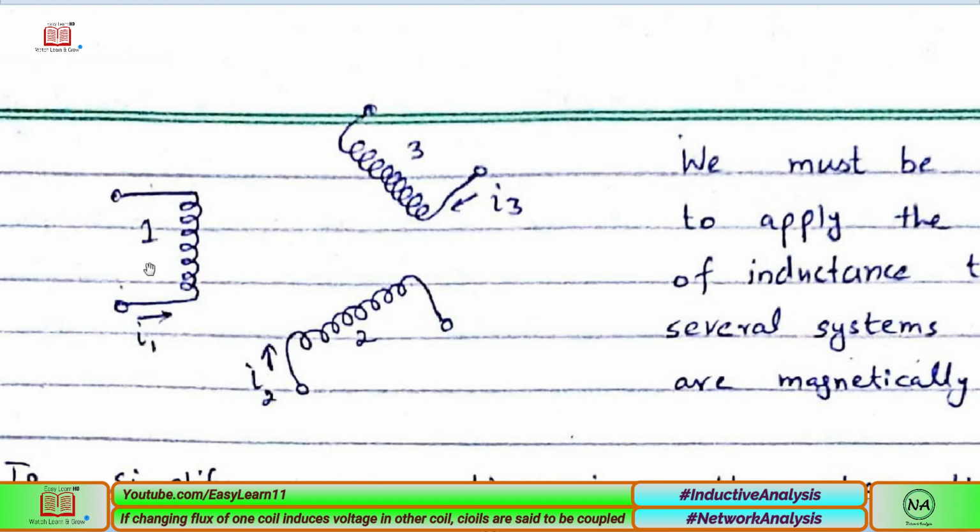If I2 and I3 are 0, these systems are almost dead. They depend on another system. If there is a flux produced in system 1 due to current I1, this flux definitely has a range, and if other systems are brought into this range, they will be able to catch some magnetic field lines, which in our language we call flux linkage.